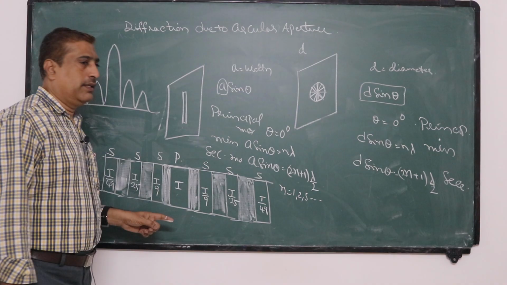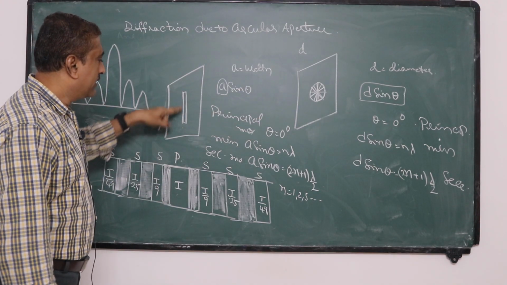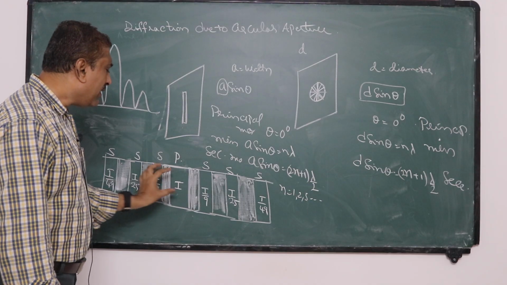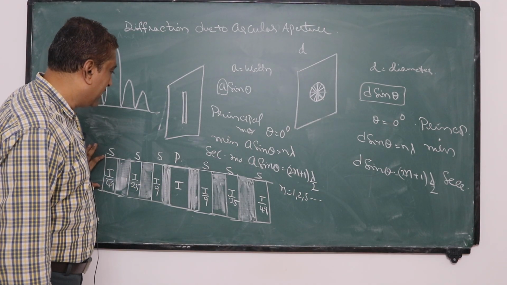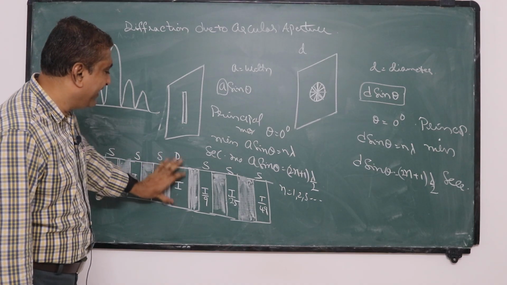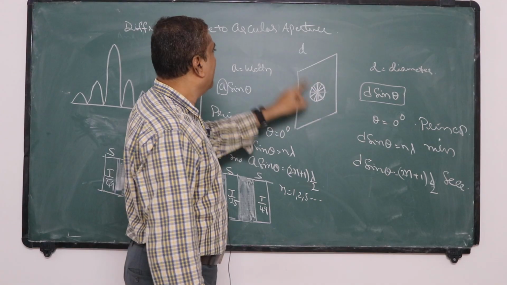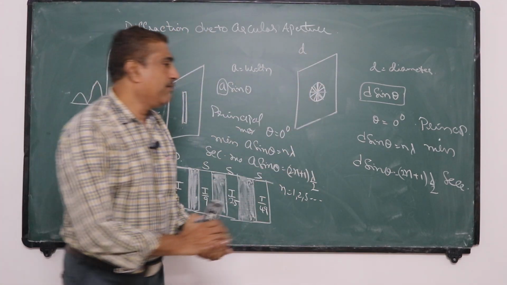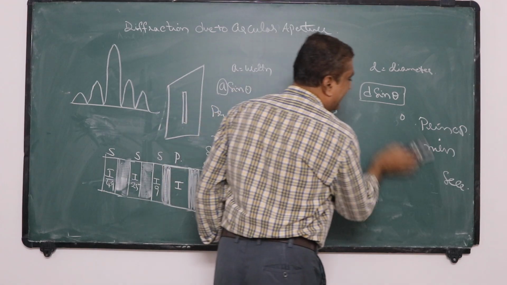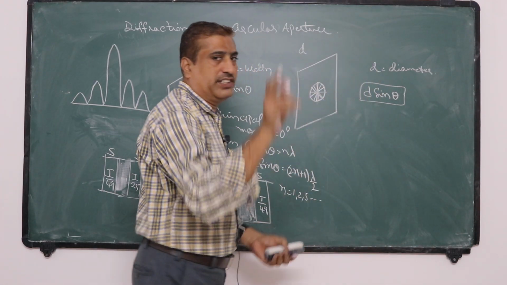Okay, but the major difference is that in this case, on the screen the pattern of diffraction consists of a number of bright and dark bands. But in the case of circular aperture, on the screen we get alternate bright and dark circular regions.